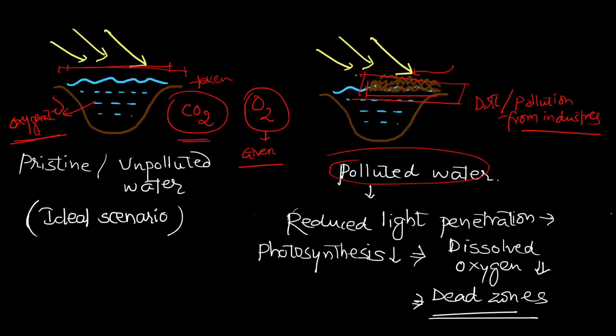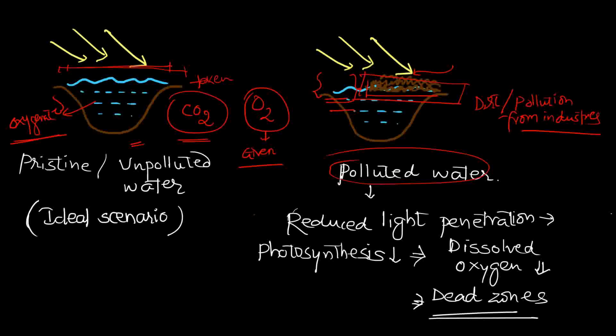So only a few surface areas are remaining where sunlight can penetrate the water and accordingly photosynthesis can take place. But compared to this diagram, very low photosynthesis will happen.